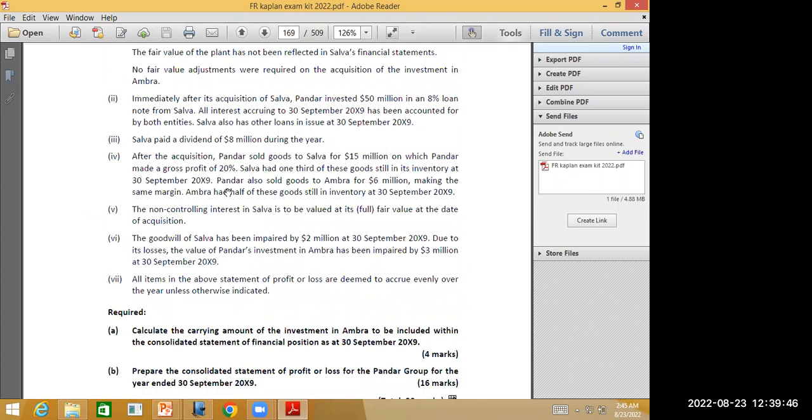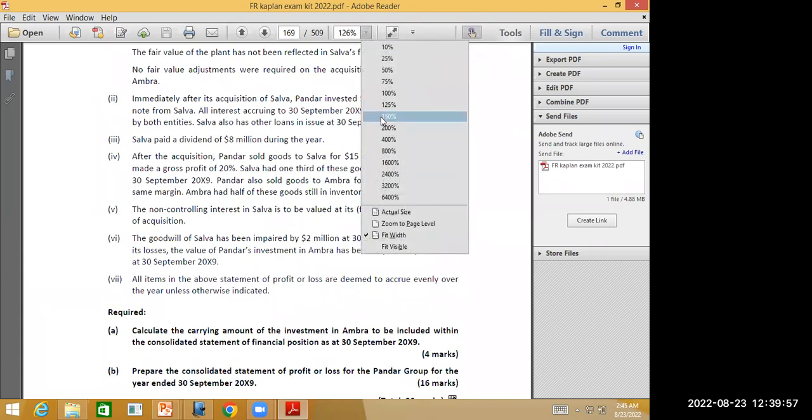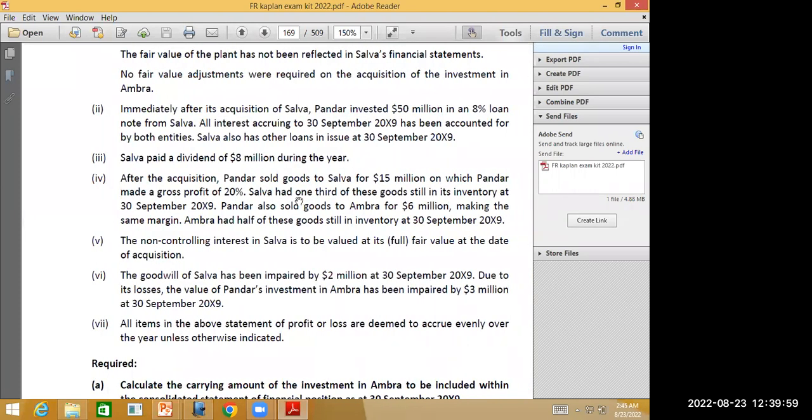In note number 4, it says the parent also sold goods to the associate for 6 million, making the same margins. The associate had half of the goods still in the inventory at 30th September 2009. So I am requesting all of you to make the accounting entries. First, calculate the unrealized profit and make the relevant accounting entry in this situation.